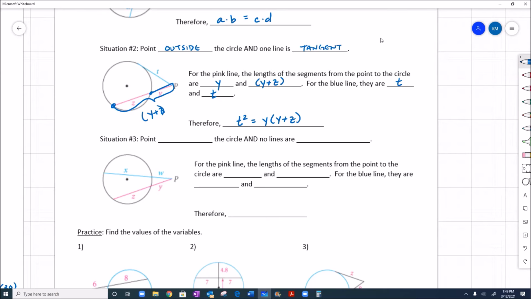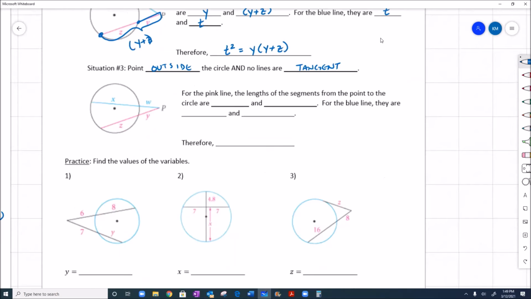Okay, and situation 3 is that the point is outside of the circle and no lines are tangent. So I'm going to say both lines aren't tangent, but it's not good English. Okay, so for the pink line, the lengths of the segments from the point to the circle: from the point to the circle, y.